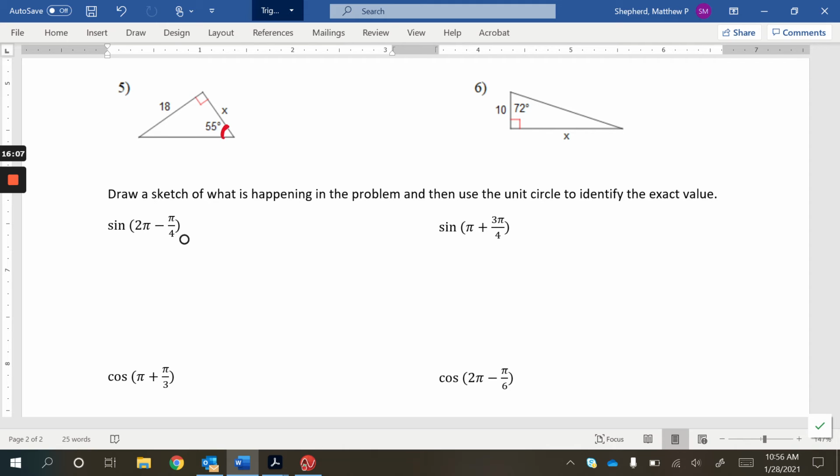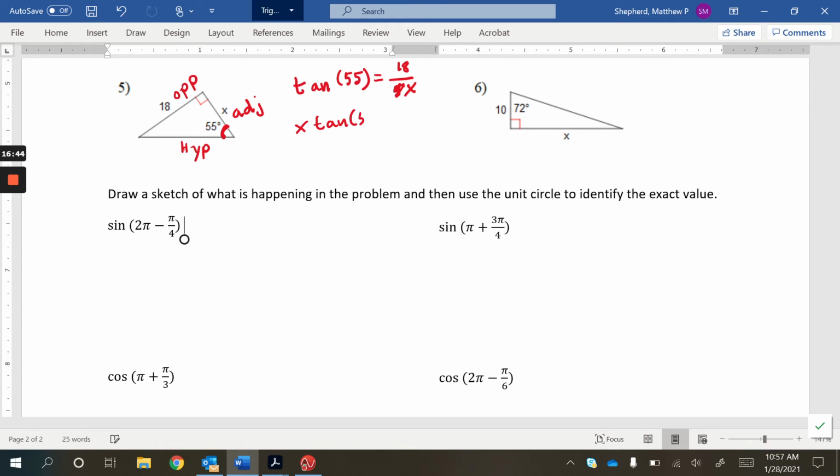All right, so here's our angle. We've got the adjacent, our hypotenuse is right here, and the opposite. So we've been given the adjacent and the opposite. So that's TOA. The tangent of 55 should be the opposite, 18, over the adjacent, x. I'm going to multiply both sides by x so that x is out of that denominator.